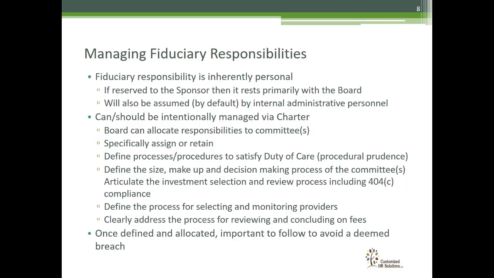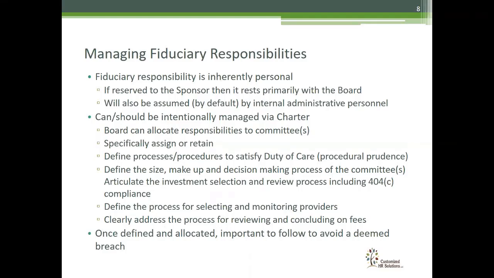The best way to manage that fiduciary responsibility is intentionally, and the way that's done is that you would typically decide what the board wanted to delegate to another party, and then we'd write that down, and that's usually in the form of a charter. Generally speaking, the board will create a committee. The most common is an investment committee, but it doesn't have to be limited to investments.